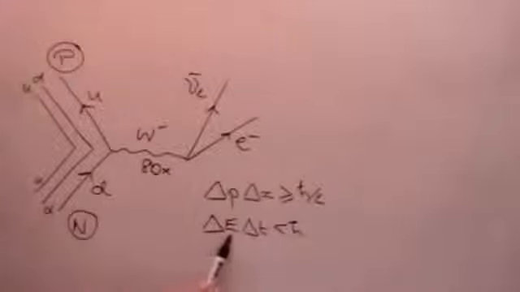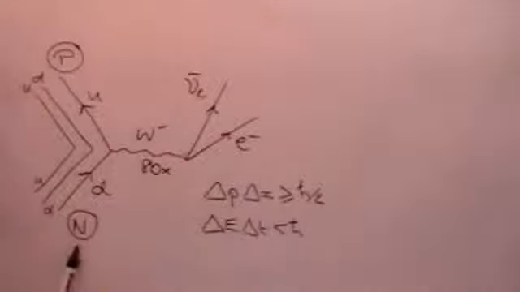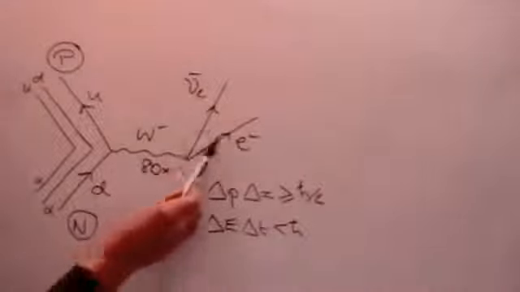But since it's high energy, you can only borrow it for a very short time. So that W minus can only exist for a very short time before it has to pay back that energy to the vacuum from whence it came, and then it decays into an electron and a neutrino. And that's fine, because the masses of these two, of course, are nothing like the mass of the neutron, and the excess energy can go into kinetic energy of those particles.